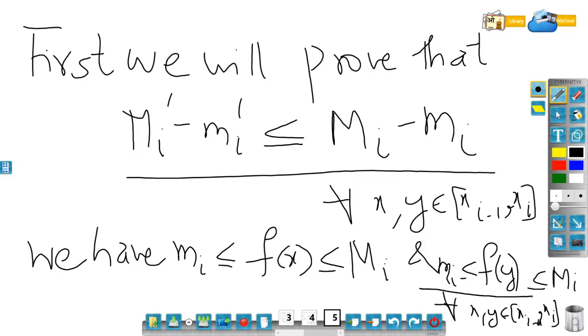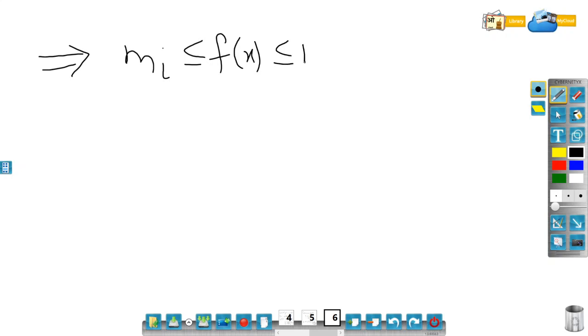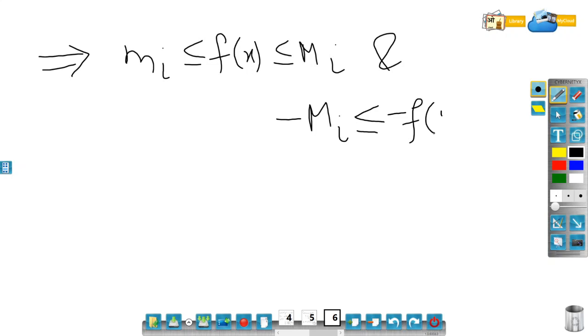So what I'll do is multiply the second inequality by minus 1. This would imply small mi is less than or equal to f(x), which is less than or equal to capital Mi, and the second inequality I multiply by minus. When we multiply an inequality by minus, the sign changes. Previously I had small mi less than or equal to f of y less than or equal to capital Mi.